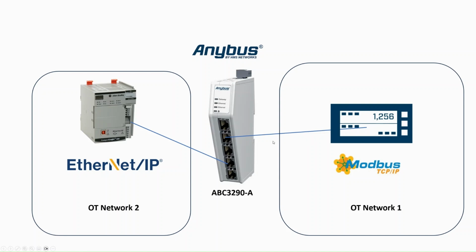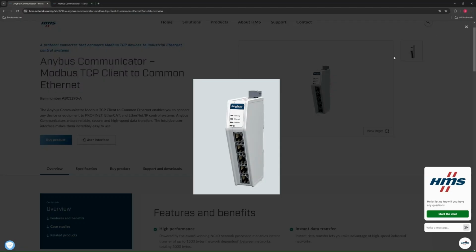And with the ABC3290, this is the common Ethernet model, meaning it can communicate as a Profinet, EtherCAT, or Ethernet. So let's just head over to our website. The first port is designated as the configuration port.